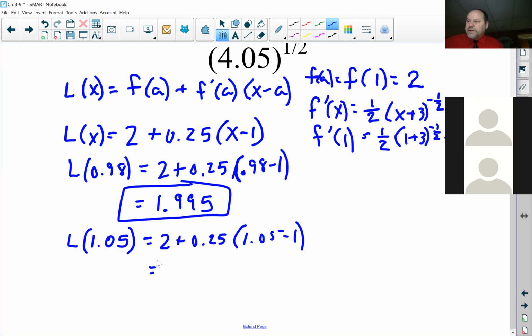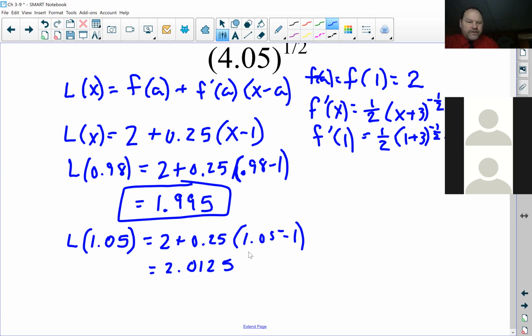And again, I could plug that into a calculator, and I get 2.0125.